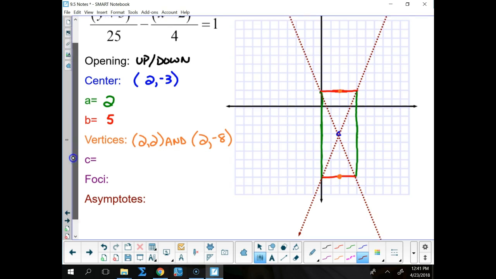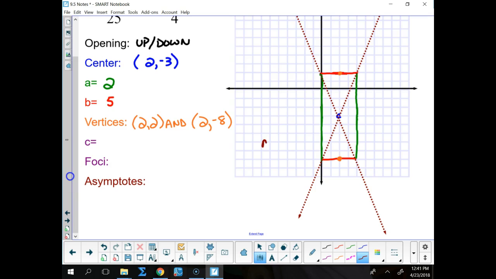What is the slope of the asymptotes? Two-fifths or 5/2? What you got, Con? 5/2. Because it's B over A? Yeah.